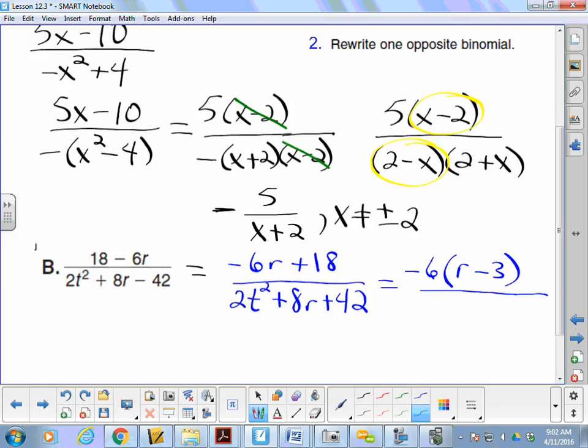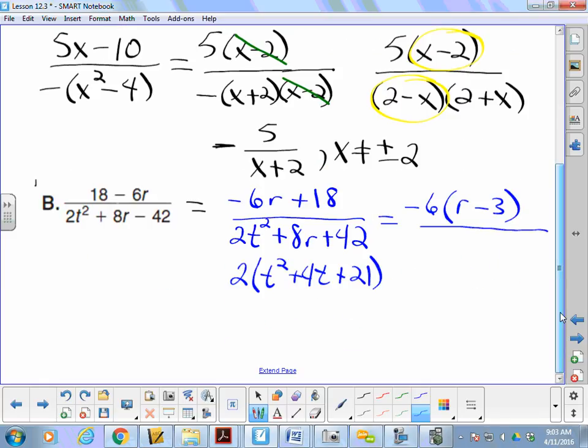For the denominator, what are we always looking for? Common factor, right? They have a common factor of 2. So I have to take out the 2 first. I'm going to do that underneath it here, so I don't have to rewrite the whole thing an extra time. Then what are the factors of 21 that add up to 4?